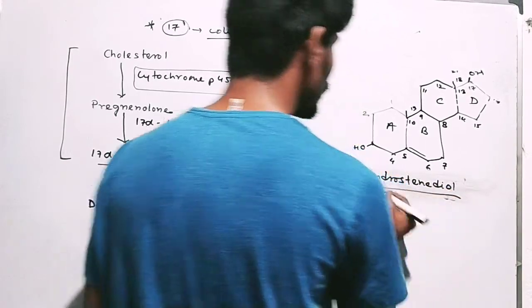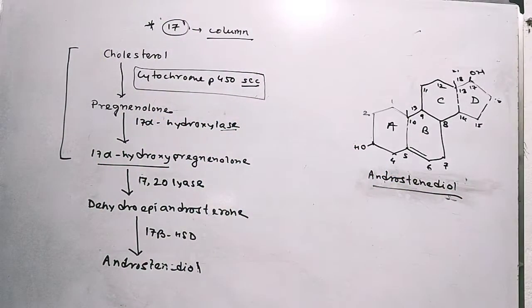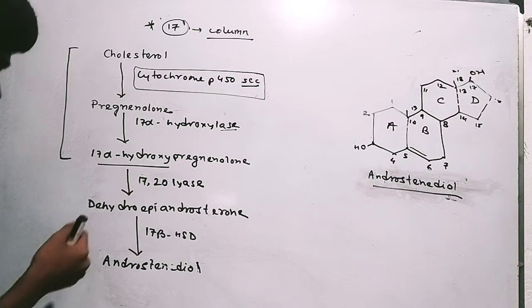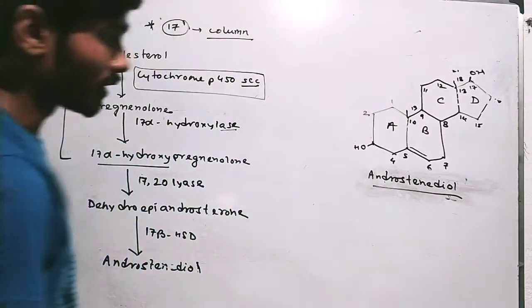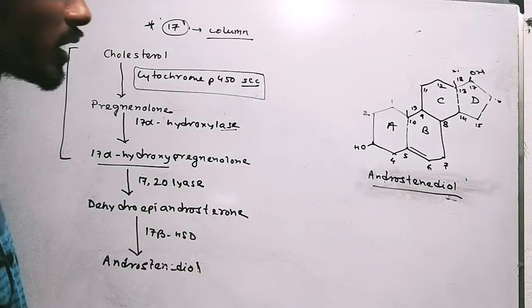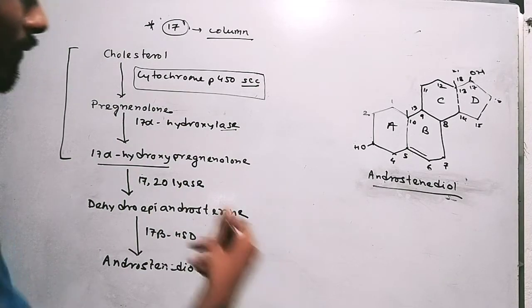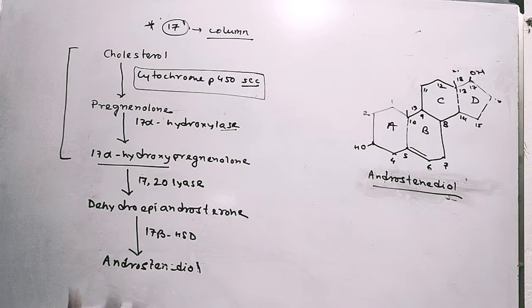Now I use the 3 beta HSD to get the androstenedione, from which we can also derive the testosterone, but in this case we will be talking about the androstenediol, and after that we will be talking about androstenedione, which will be converted to testosterone and eventually to the estriol or estradiol.